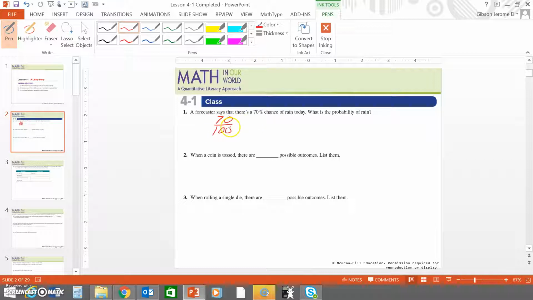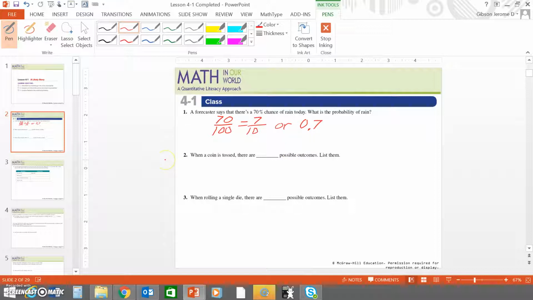And when it's simplified, that means that it's 7 out of 10, because we can divide the numerator and denominator by 10. So the probability is 7 over 10, or you can write it as a decimal as 0.7. So either one of these will be listed as a probability depending on the situation.